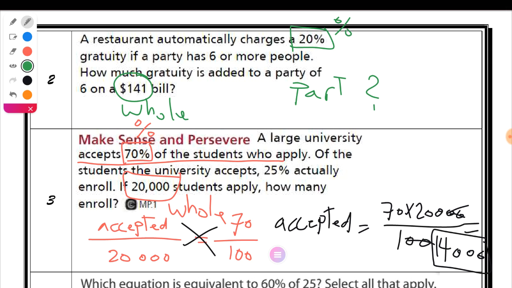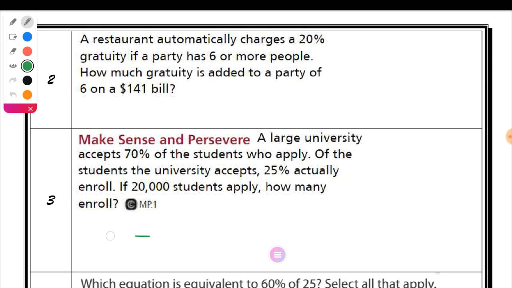So we will start with 14,000 as the whole. Next step, let's start with the whole. So the whole now is 14,000. And I need to know how many students enrolled. So enrolled students equal what percent? 25% enrollment, over 100.